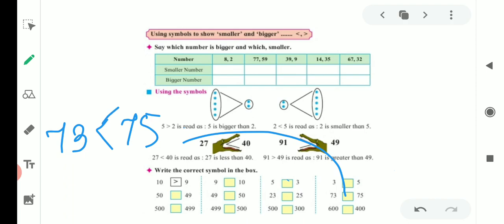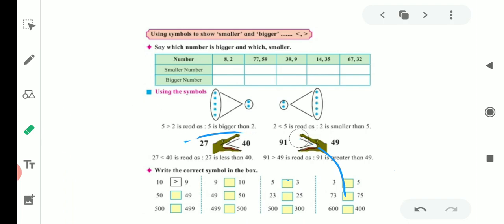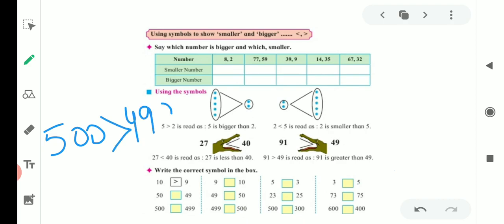Next. What is the next one? 500 and 499. So 500 is greater than 499. So this sign will come, the opening of the mouth.